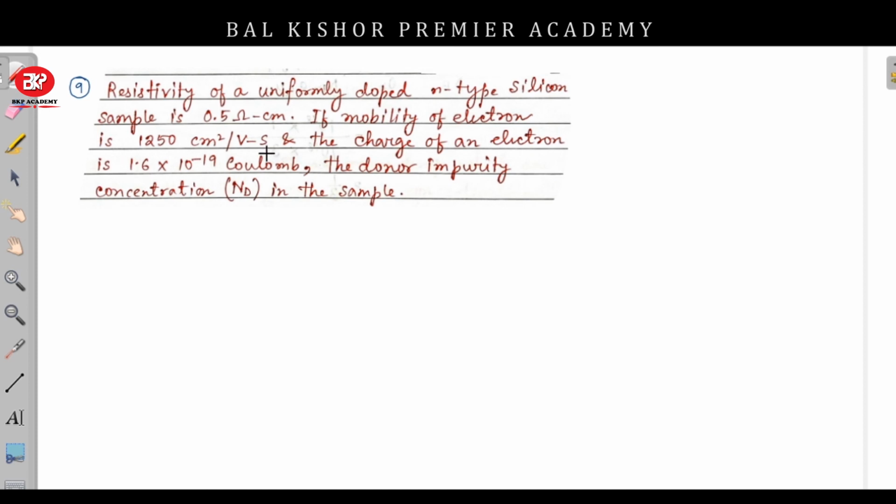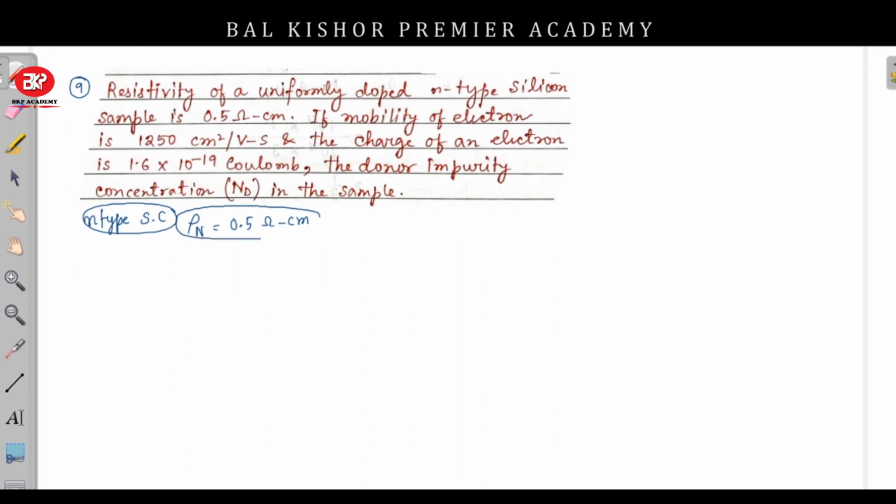If the mobility is given and the charge of the electron is given, then find the donor impurity concentration. This is also a simple question. You have an n-type semiconductor, and the resistivity of this n-type semiconductor, rho n, is given as 0.5 ohm centimeter.